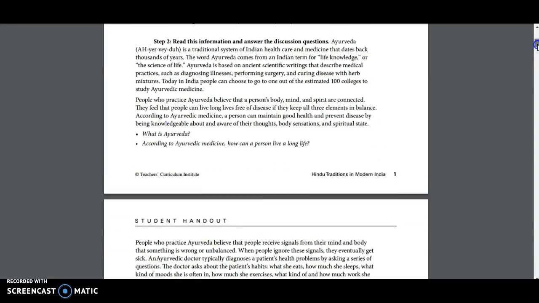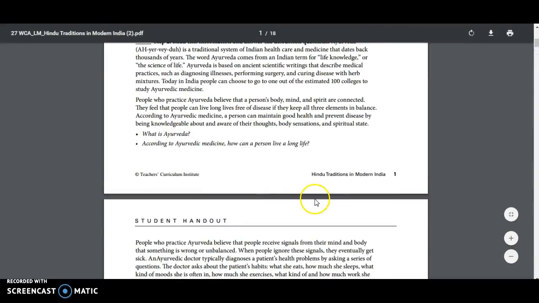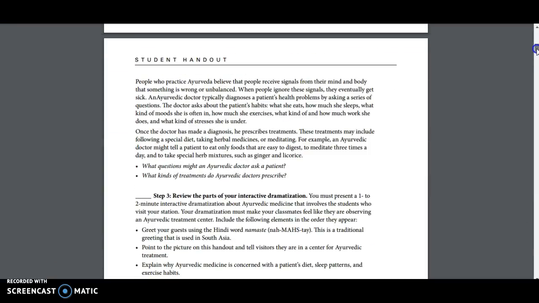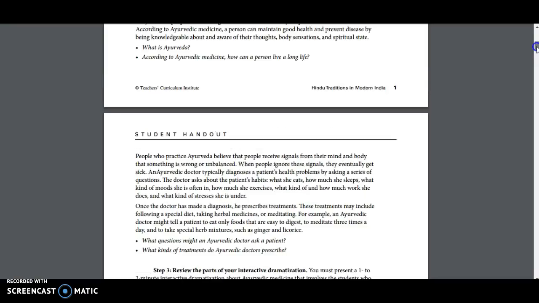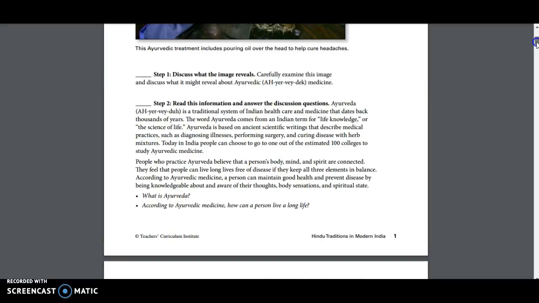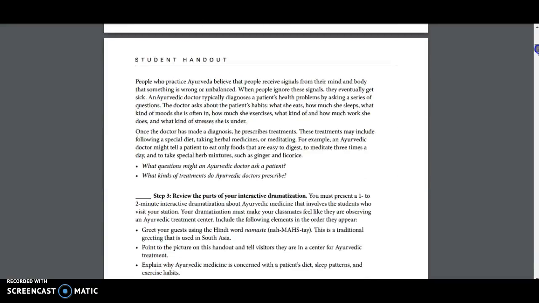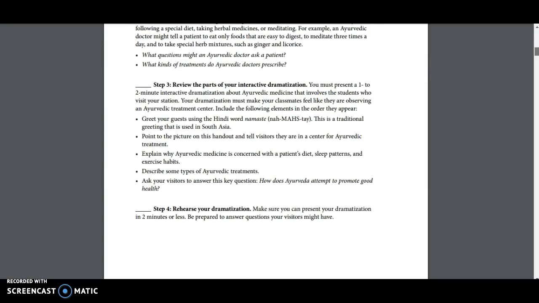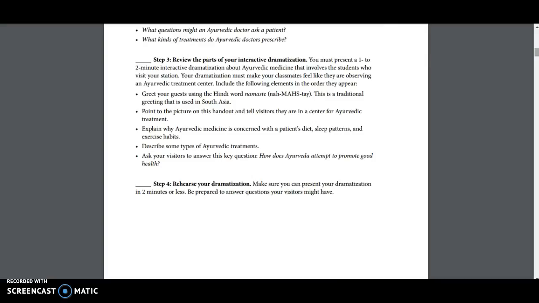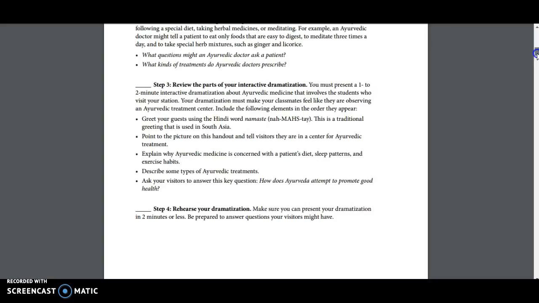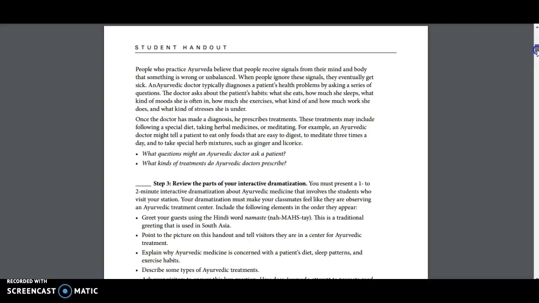While you are reading it, I would like you to discuss these questions with your desk partner, the questions that they have in italics. There's about 4 of them per section. We are going to ignore, and I repeat, ignore steps 3 and 4. We are not doing this full activity like I said. You are only doing steps 1 and 2.